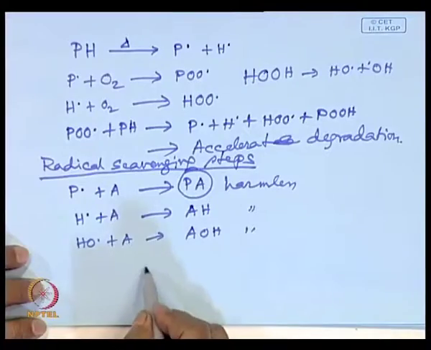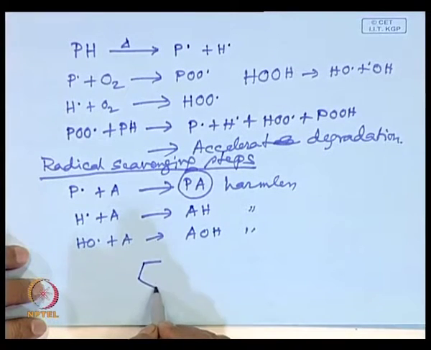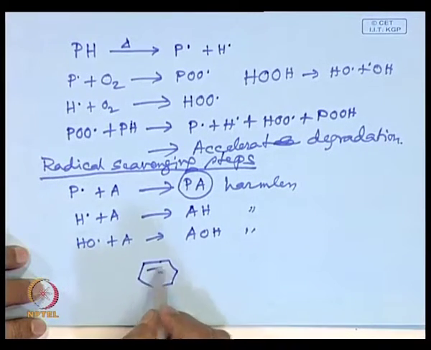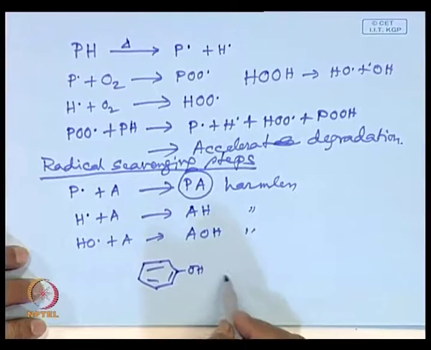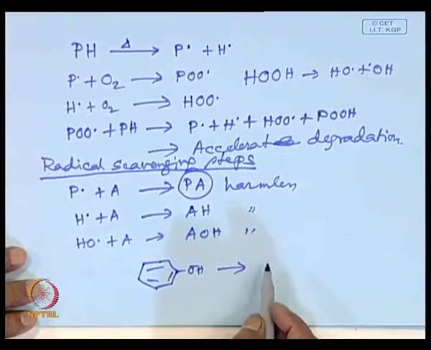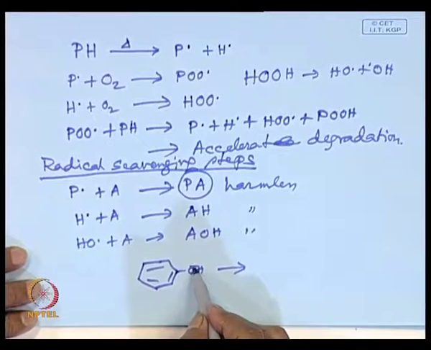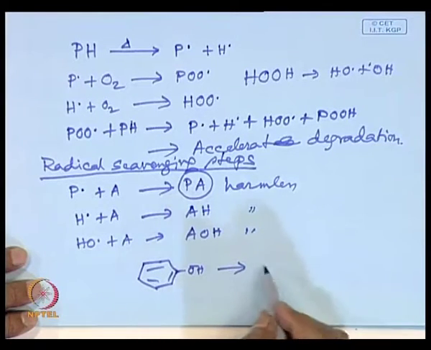These phenolic units, phenol, you know what is phenol? Now, it can form quinonic structure also. So, phenol to quinone. So, this phenoxy radical through resonating structures can give you some stable radical.